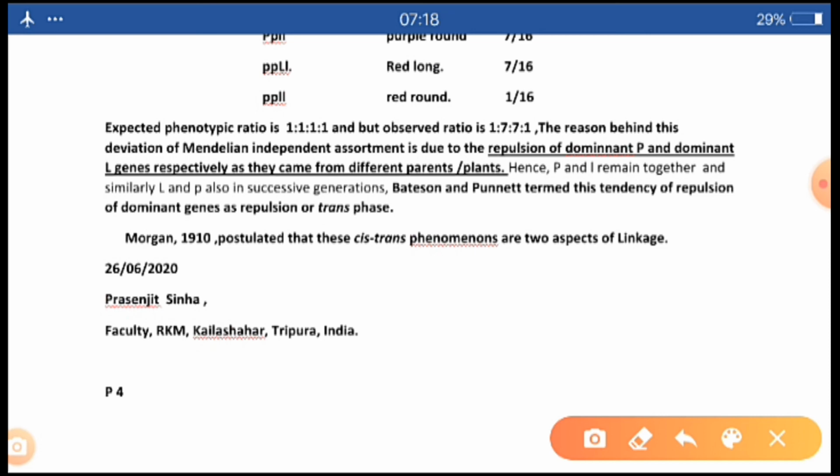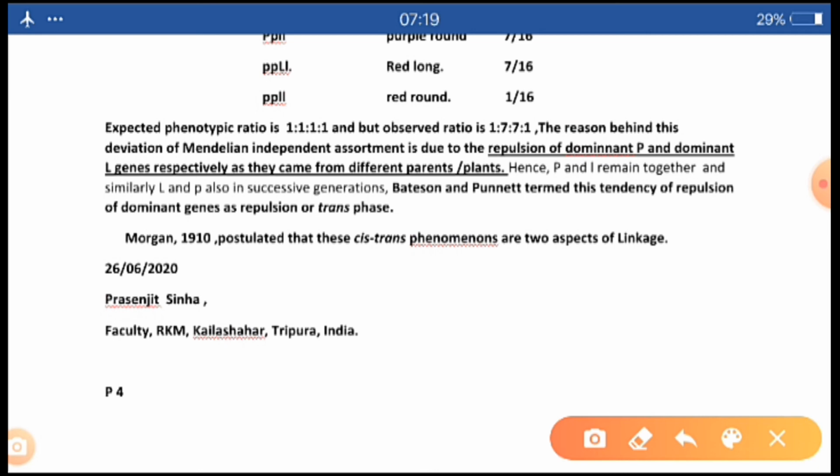So from this discussion it is clear that if the dominant characters are from the same parent, then they will tend to remain together generation after generation, and this is termed coupling phase. And if the dominant characters are from different parents, then they will repel each other generation after generation, and Bateson and Punnett termed this phenomenon the repulsion phase or trans phase.